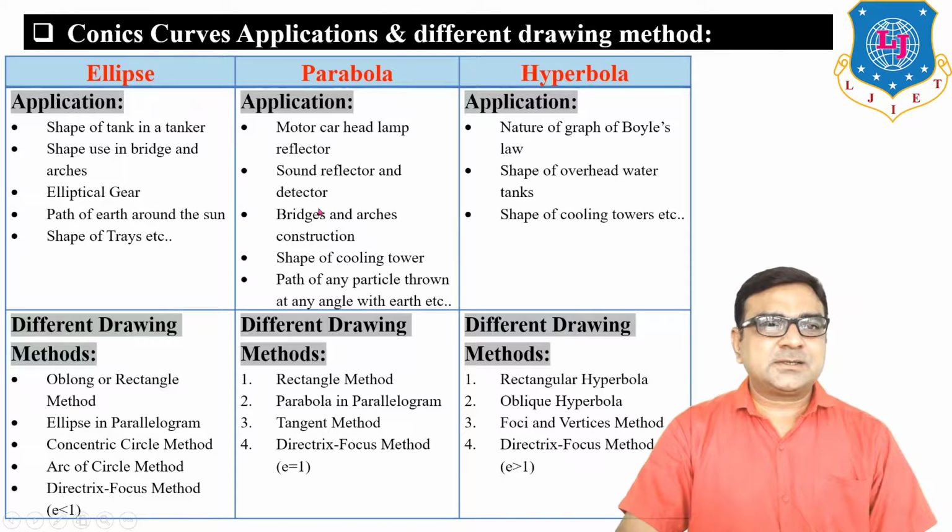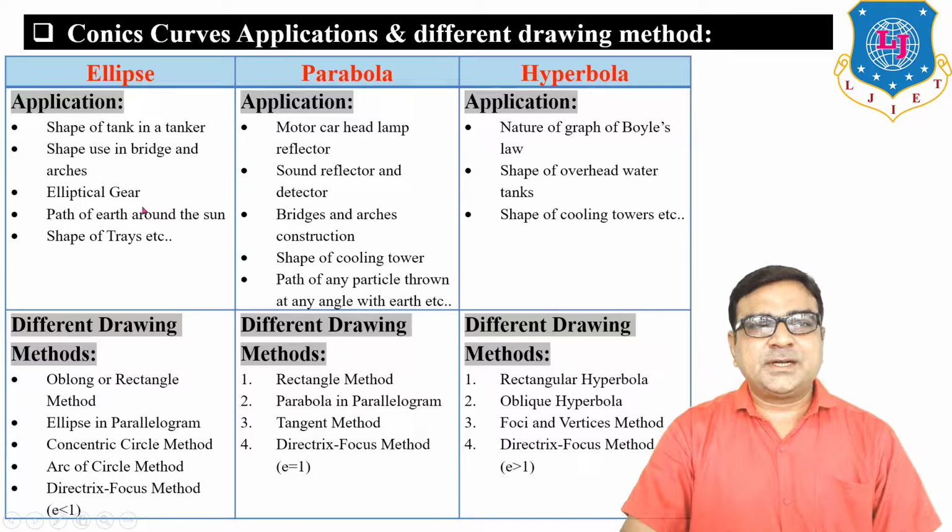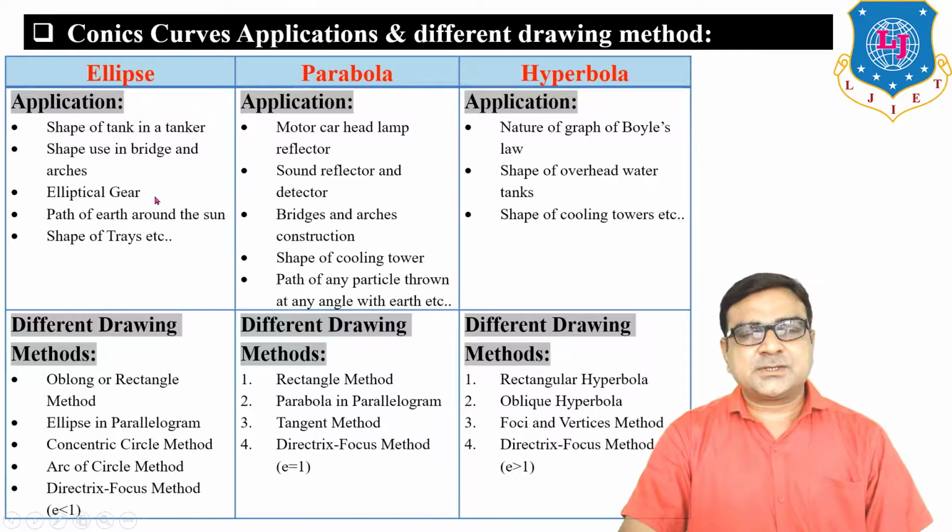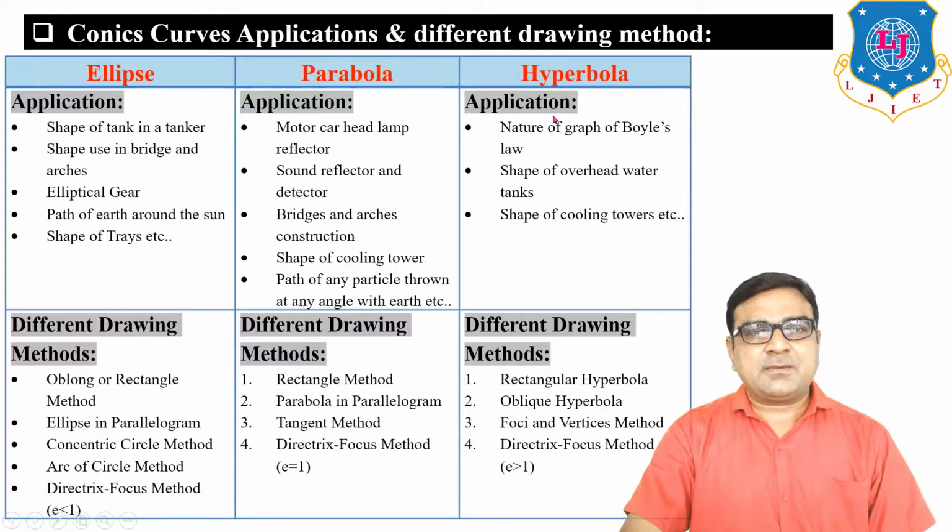Now at the last, in this chapter we will discuss different methods of drawing the ellipse, parabola and hyperbola, and the applications of ellipse, parabola, hyperbola are mentioned here. For ellipse, we will study the oblong or rectangle method, ellipse in parallelogram, concentric circle method, arc of circle method, and directrix and focus method.